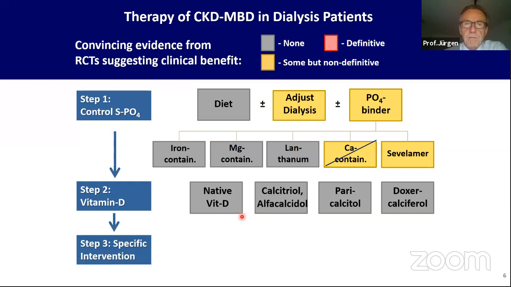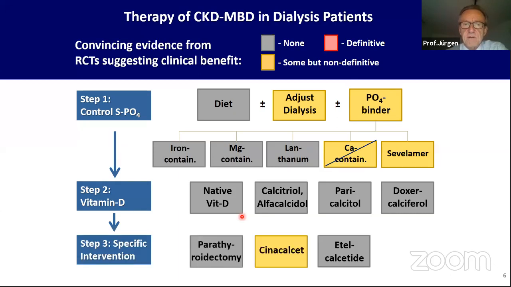Step number 3 would be the specific intervention. This could be parathyroidectomy. No doubt, if you have a PTH of 3000 and lytic bone lesions, brown tumors, and pains and fractures, a parathyroidectomy is a good thing. But this is only true for very rare patients of mine. We have some evidence that cinacalcet affects clinical endpoints, and I will come to this.